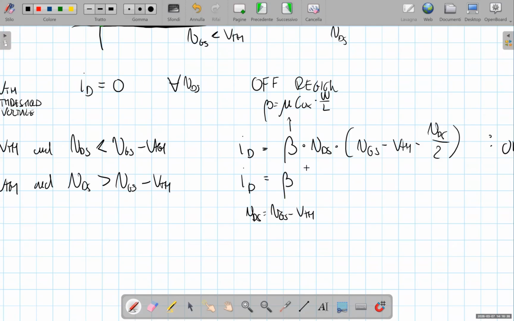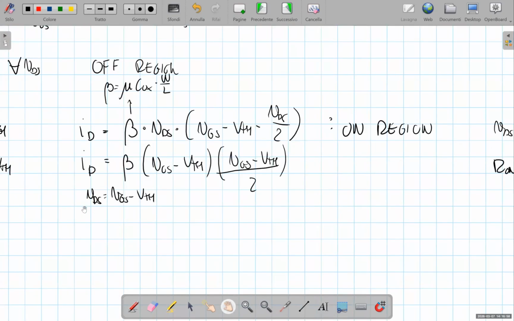What we get is beta times (VGS minus VTH) times (VGS minus VTH minus (VGS minus VTH)/2), and what we get is 1/2 beta (VGS minus VTH) squared, constant with VDS and just depending quadratically on VGS.